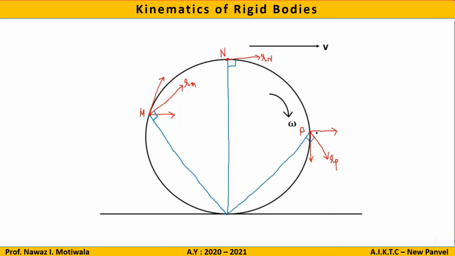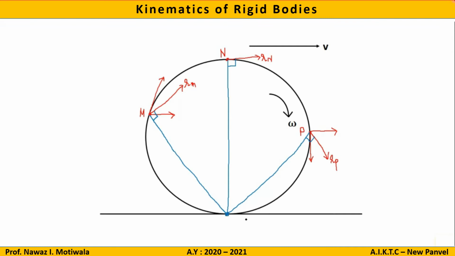Now, have you noticed something new? The point worth noting is all the perpendiculars to the velocities. When I draw the perpendicular from point M or point N or point P, or let us say if I draw a perpendicular to the resultant velocity at any point on this circular body, all will meet at one particular point.